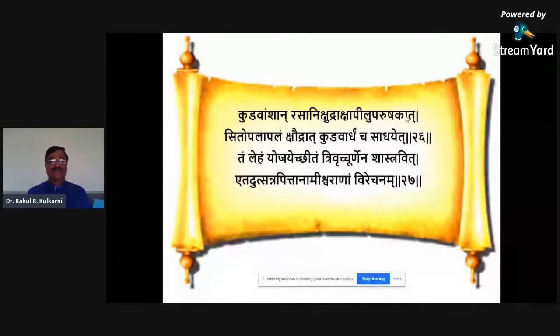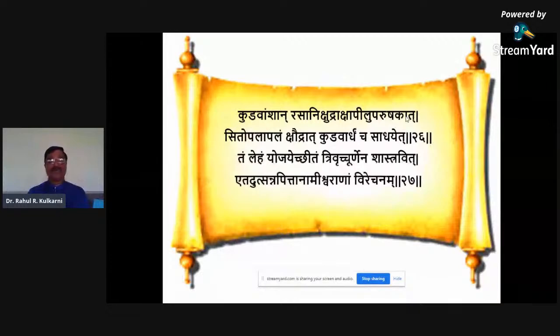Kudamamshanam rasan ikshu draksha pilu parushakat Sitopala palam shaudrat kudavardham cha sadhet. One more yoga has to be prepared, where kudamamsham rasa of ikshu, draksha, pilu, parushaka, all one kudava each, that totally makes four kudava the matra.